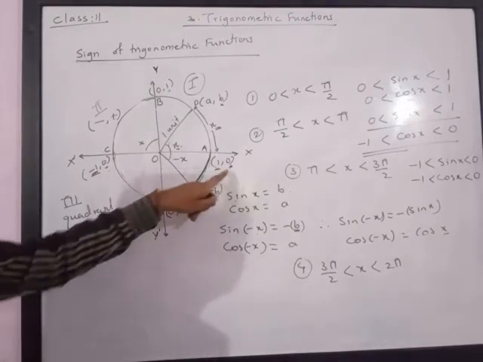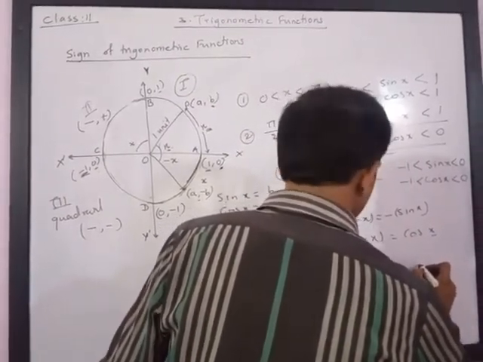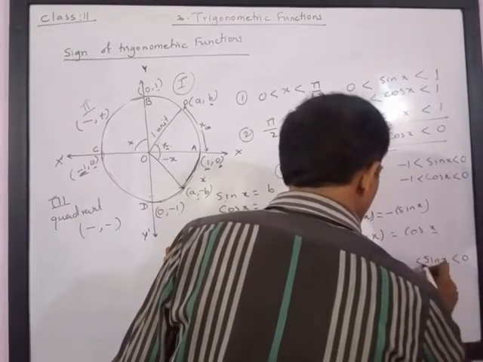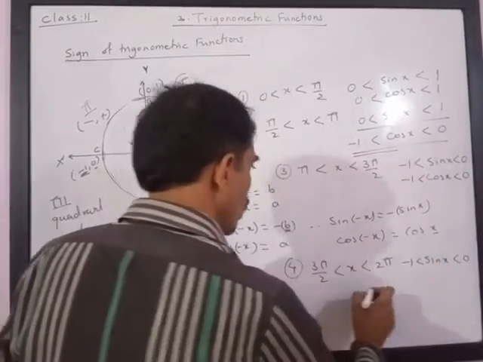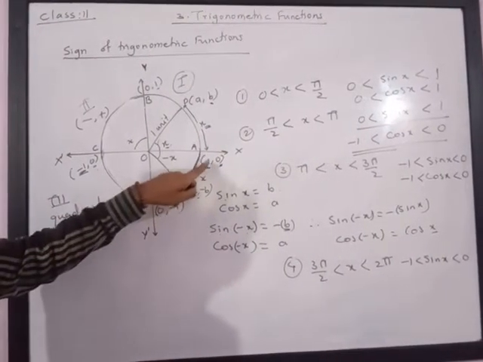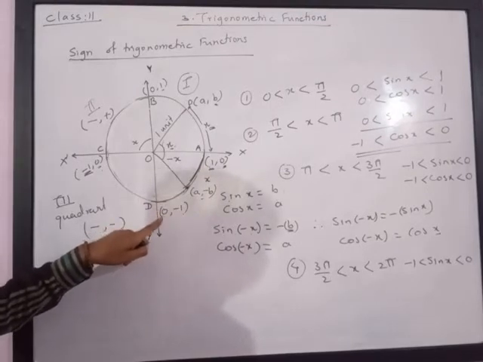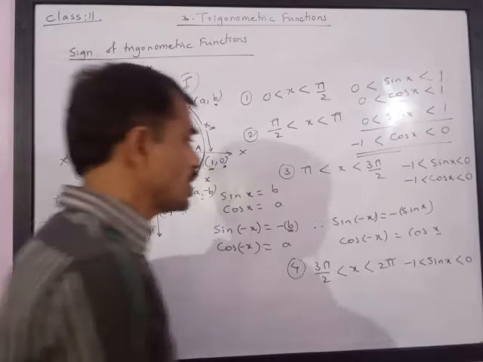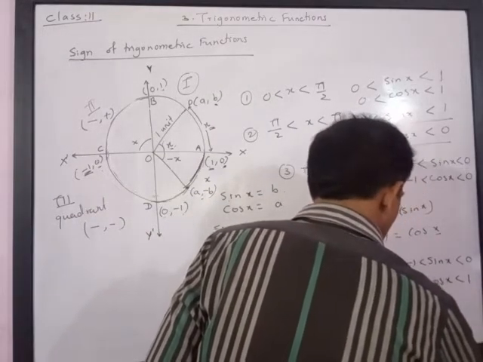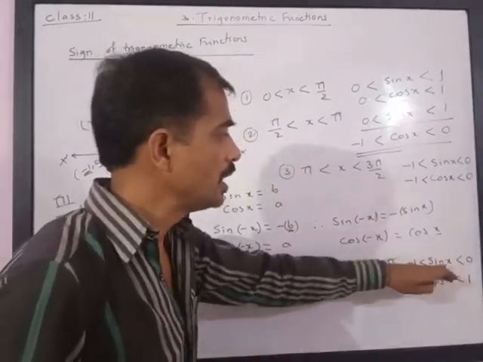It means sin x is between negative 1 and 0, and cos x changes from 0 to positive 1. Please note cos x changes as the x coordinate goes from 0 to 1, which means cos x is less than 1 but greater than 0. Here cos x is positive and sin x is negative.